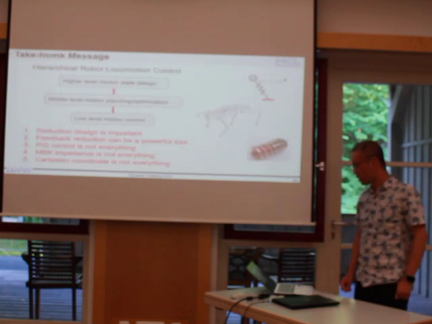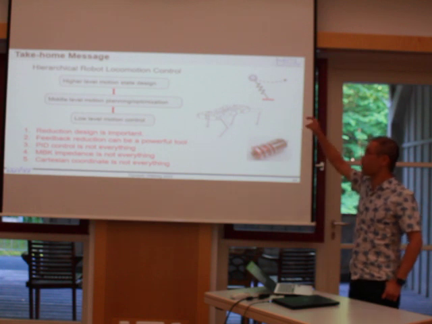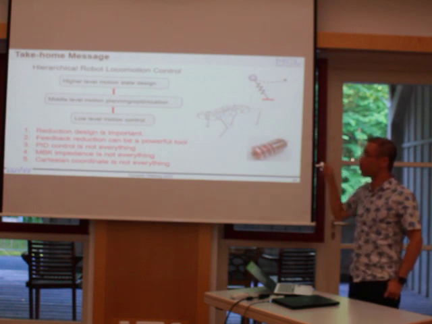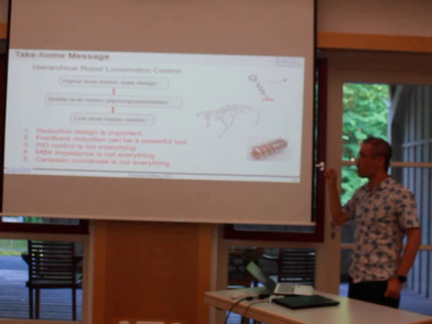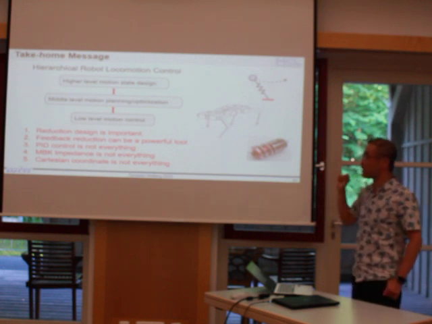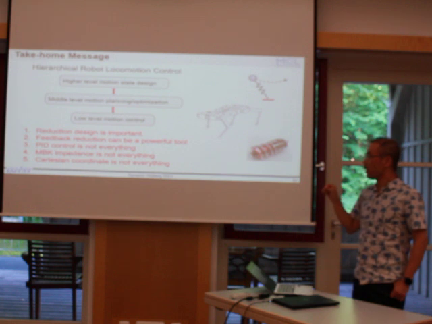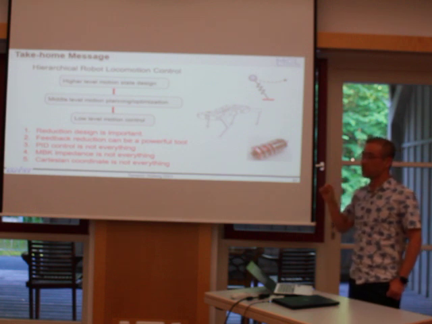So, take-home message. This kind of hierarchical motion control is very important, but one thing more, the most important thing is reductionism, what to be shared between these layers. And then feedback reduction by feedback control, I think this is very powerful too. And for feedback control, PID control is not everything.